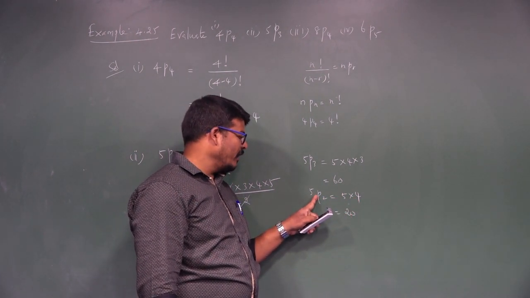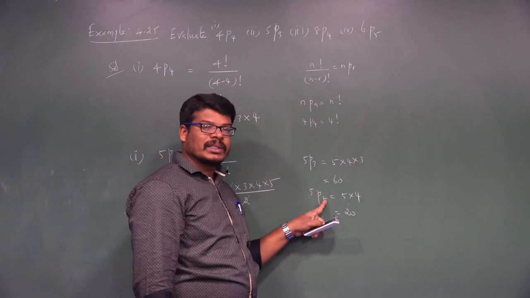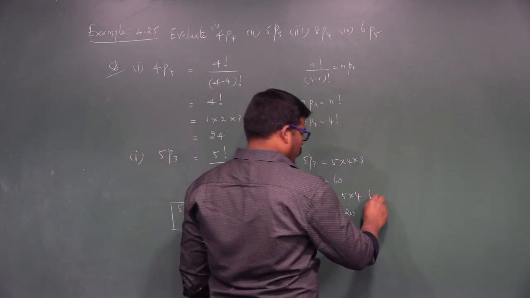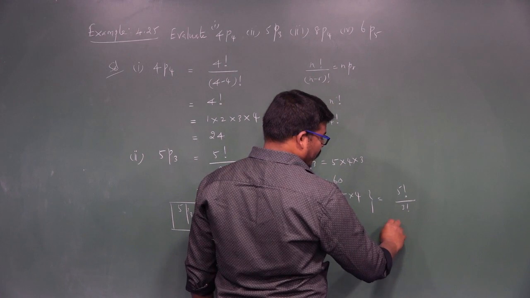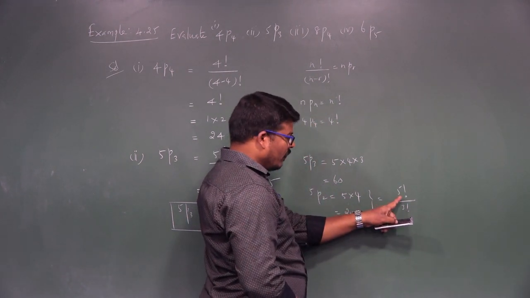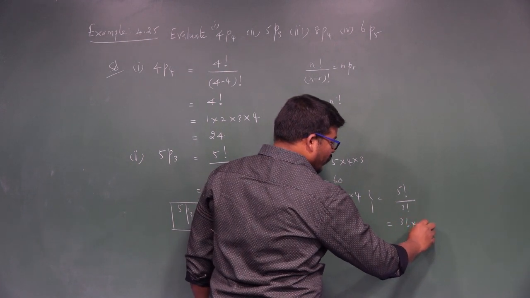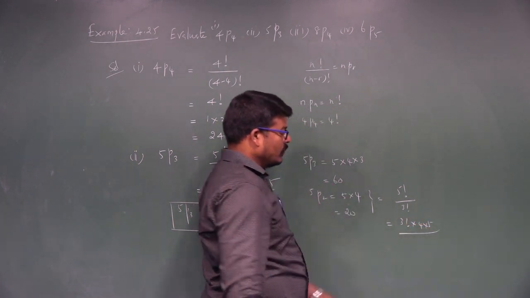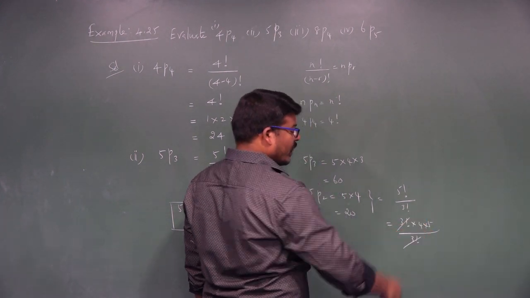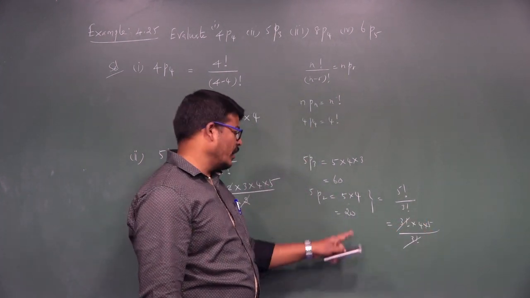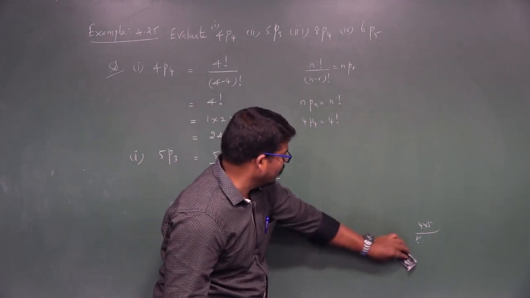Or using the formula, 5 factorial by 5 minus 2, which is 3 factorial. 5 factorial is 3 factorial into 4 into 5, divided by 3 factorial. The 3 factorial cancels, remaining 4 into 5, which is 20. That is the simplest way to reduce the form.